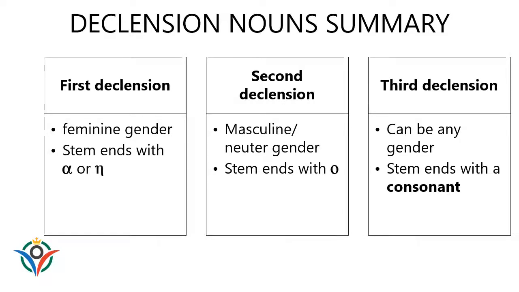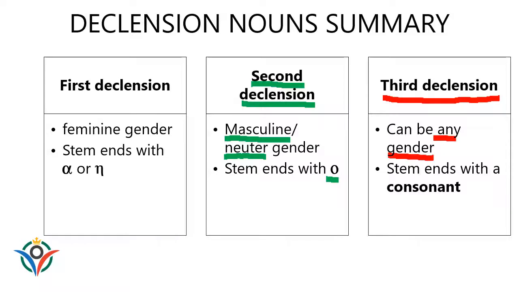The next section of this lesson are the nouns. So in the previous two lessons, we learned the second declension endings. And if you remember, second declension nouns are characterized by masculine and neuter genders, and their stems end with omicrons. The third declension nouns, which we will learn at a later stage, can have any gender, and their stems end with a consonant.